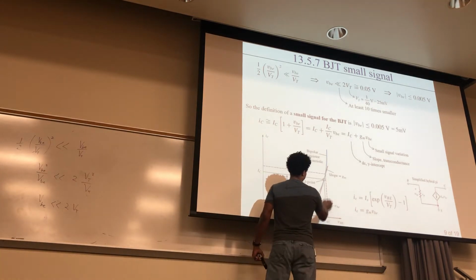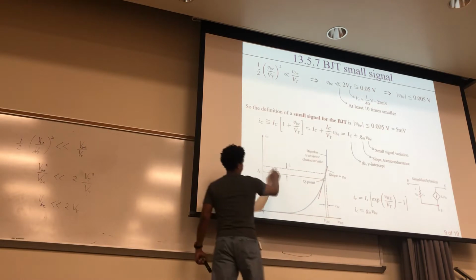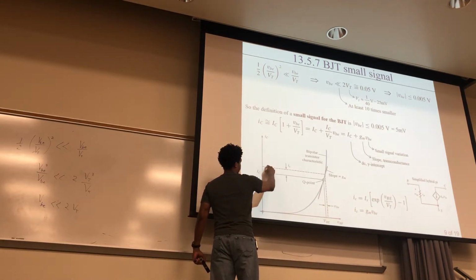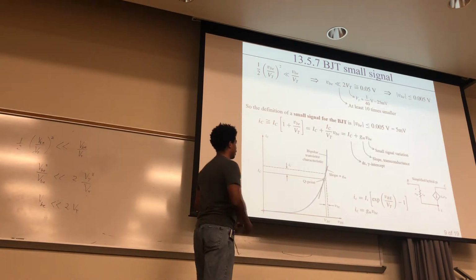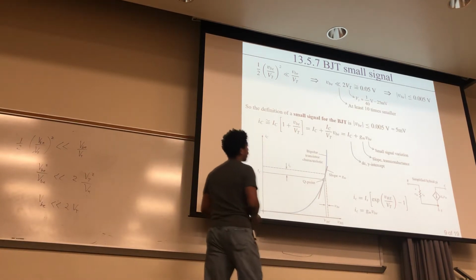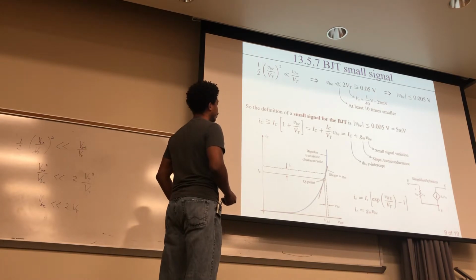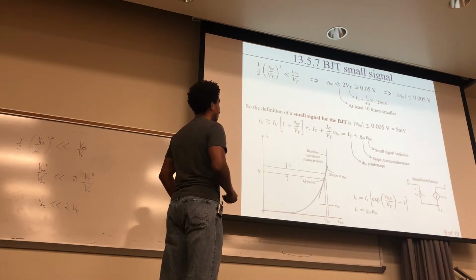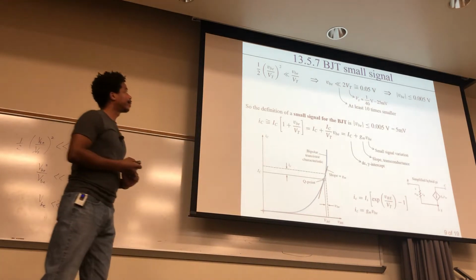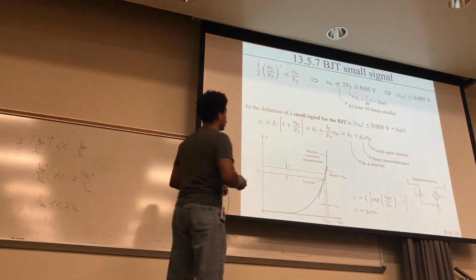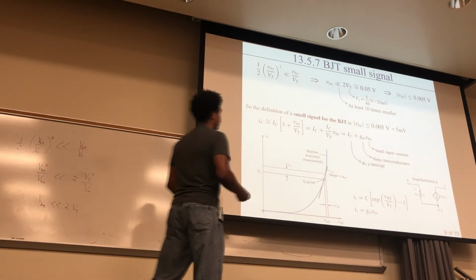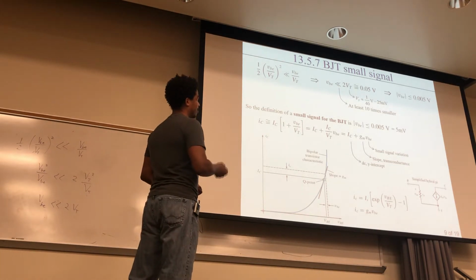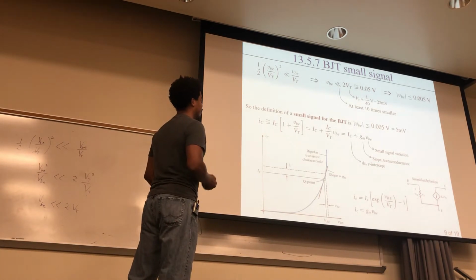But it goes up through here, it gets magnified, so your IC can oscillate at a much higher amplitude. This is not even to scale, it's actually much, much higher than this. But there is the magnification, as you can see here. And again, that's the hybrid pi model. So that defines the VBE voltage. When someone asks what small signal means, it means that the voltage VBE has to be less than or equal to 5 millivolts.